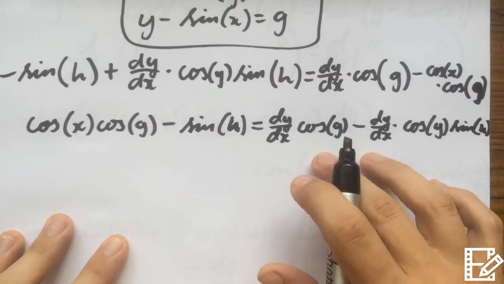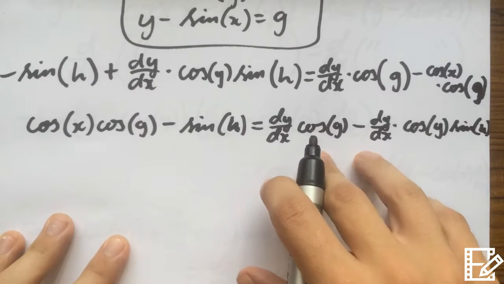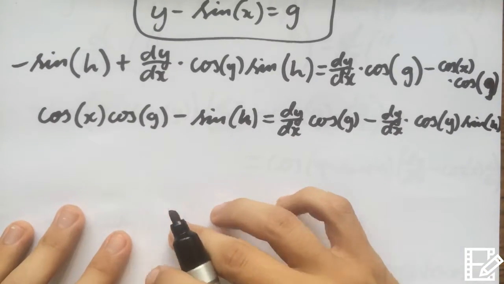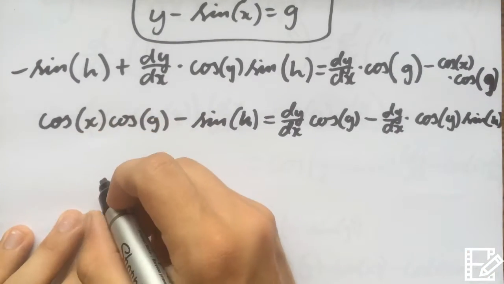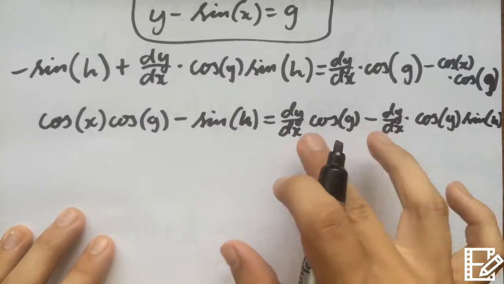Okay, so we've got all the derivatives on one side and all the non-derivatives on the other, or non-multiples of the derivative.